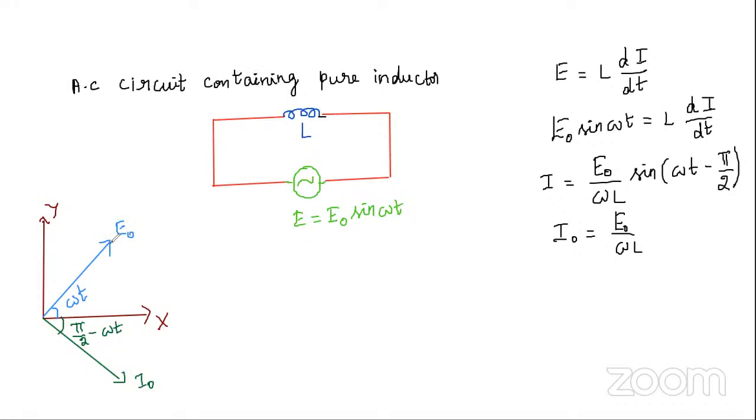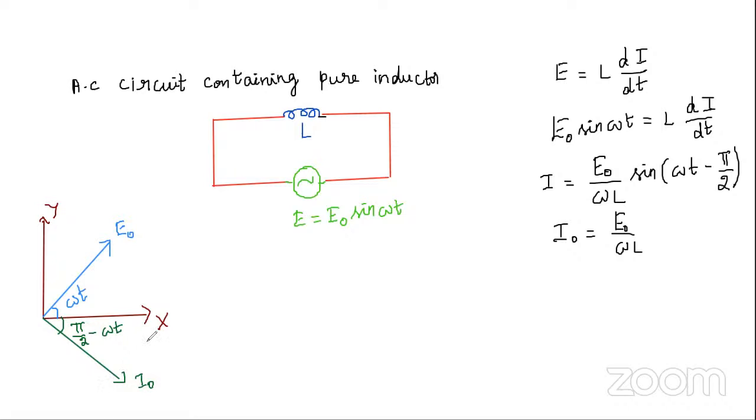That means the entire angle between E naught and I naught here is 90 degrees. So this angle is pi by 2 minus omega t. So this is the phasor diagram. You can see the phasors are rotating in anti-clockwise direction. So the voltage leads current. Voltage is always ahead of the current.